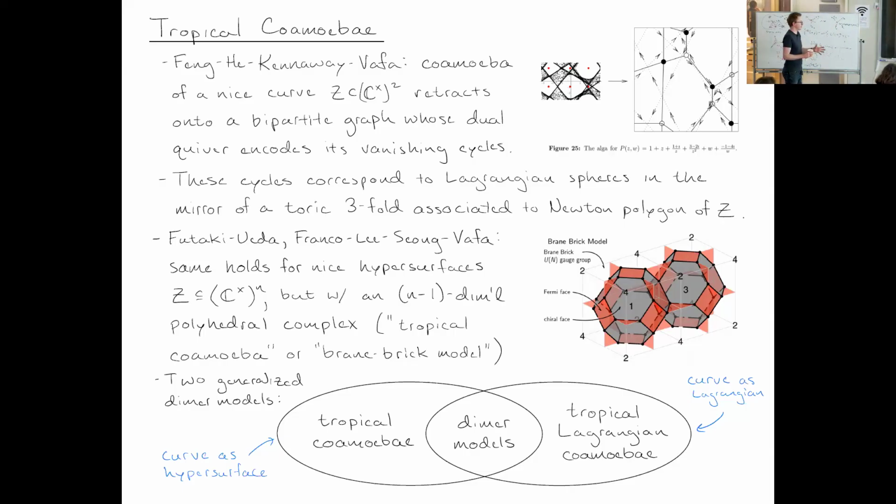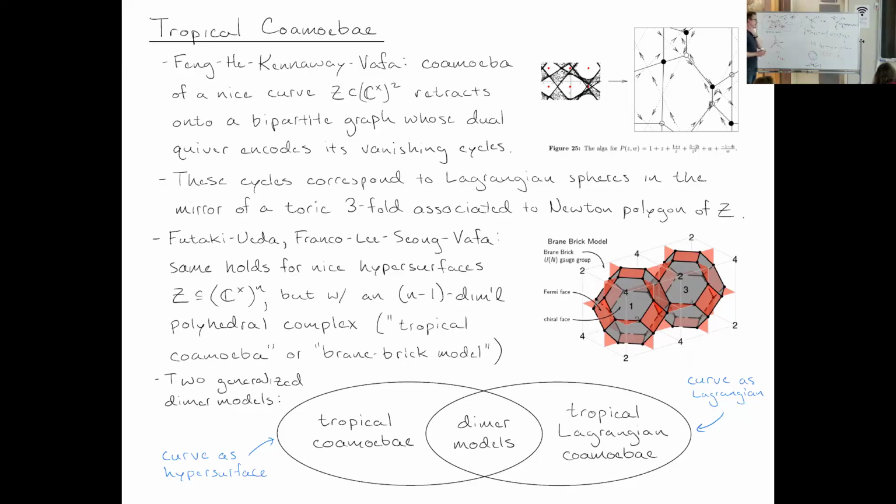A curve in C star squared has this feature that, of course, it's an algebraic object, but it's a holomorphic Lagrangian. So after I hyperkähler rotate, I just have an ordinary Lagrangian. And that's some version of the combinatorial construction from earlier.